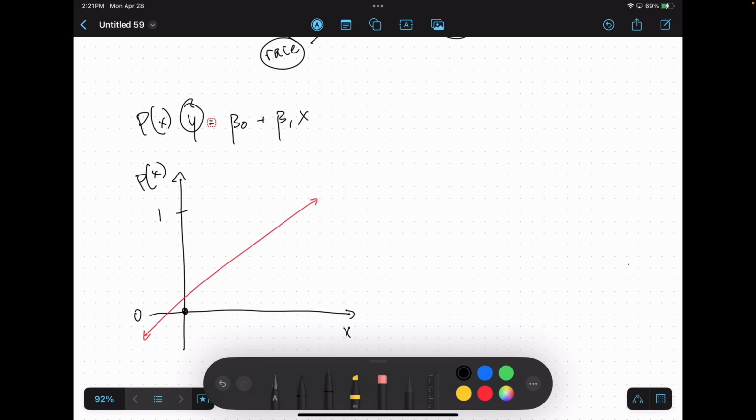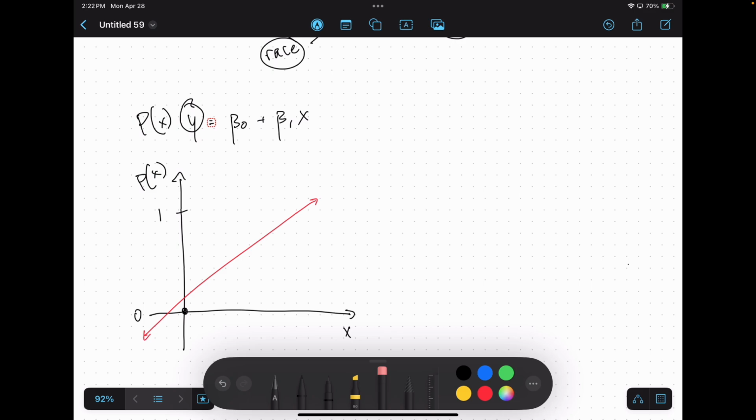Doesn't seem possible. And why not? It's continuous. But probabilities are continuous, so that can't be the only reason, right? What do you guys think? So, where are probabilities bounded?